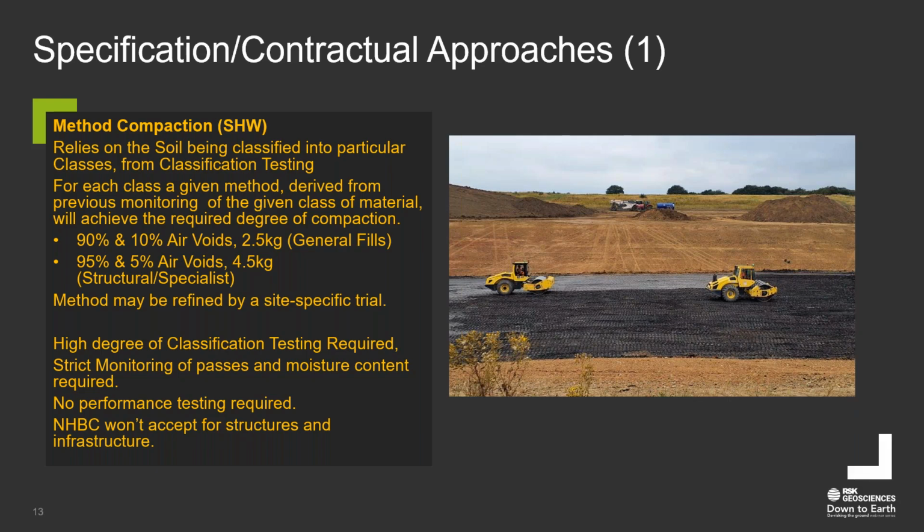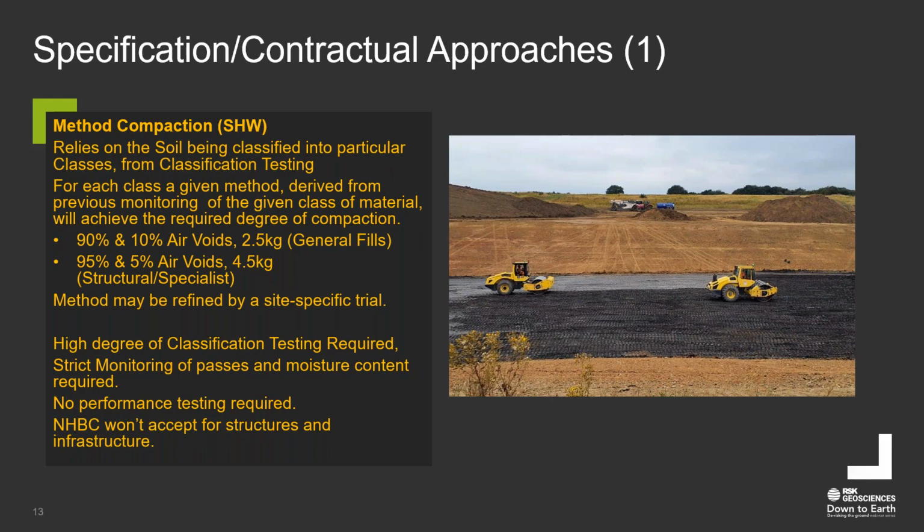Now, if we're building housing, for example, to NHBC standards, that requirement is 95% and 5% air voids at the heavier 4.5 kilogram rammer. Therefore, the methods in the Specification for Highway Works may not deliver the required degree of compaction for that end use.